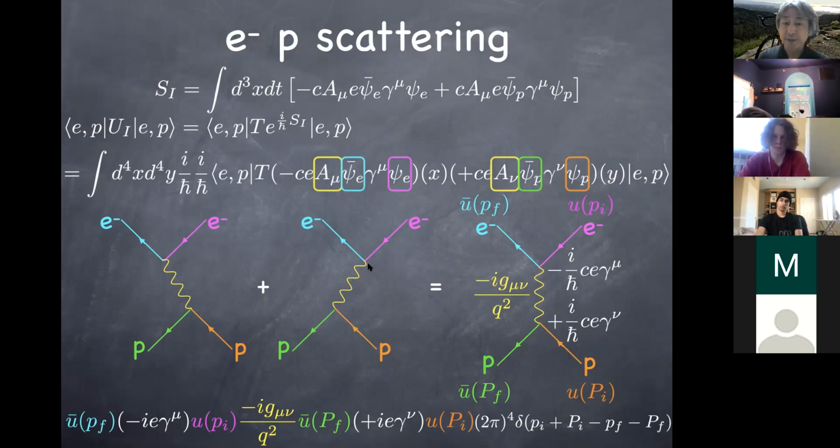So if you work out the energy momentum conservation in this process, it's a scattering process. So initial electron energy and final electron energy are the same. So what that means is that this q four-momentum doesn't have the time component, it has only the spatial component. So this q squared is actually negative q vector squared in the momentum space.